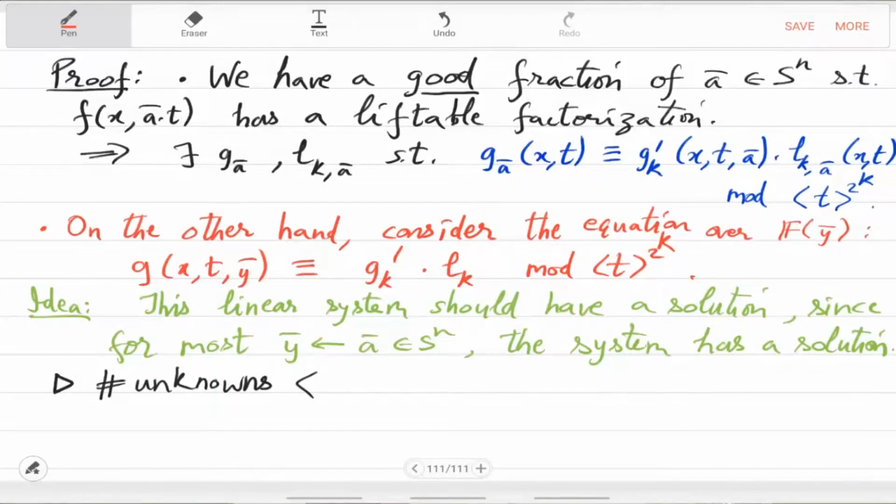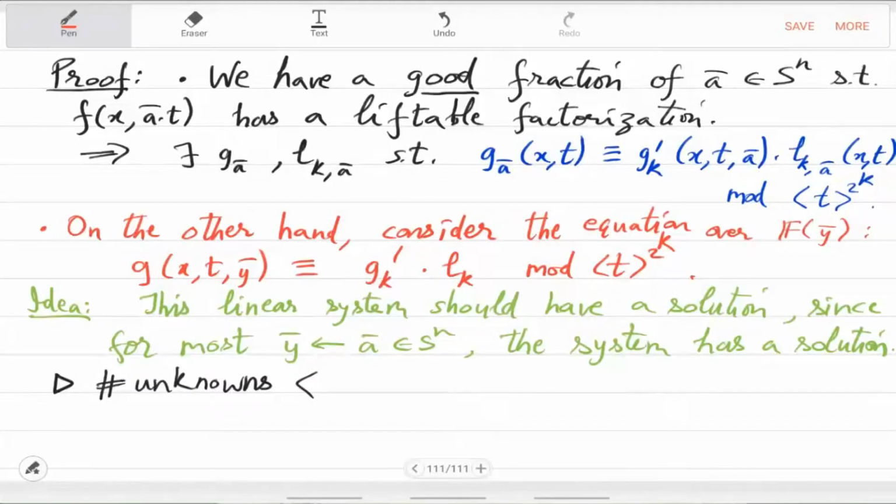We want to find g and L k. So let us view them as bivariates, in x comma t, with the coefficients being functions or polynomials in y bar. In that sense, how many unknowns are there?